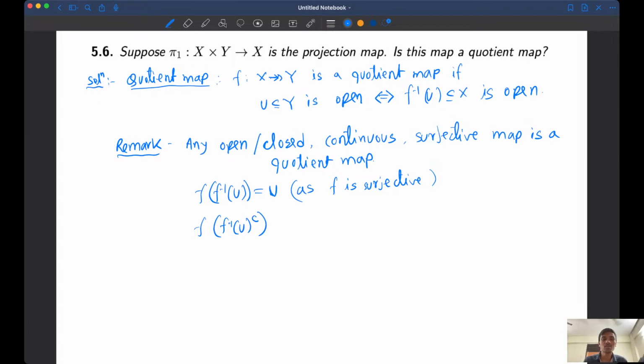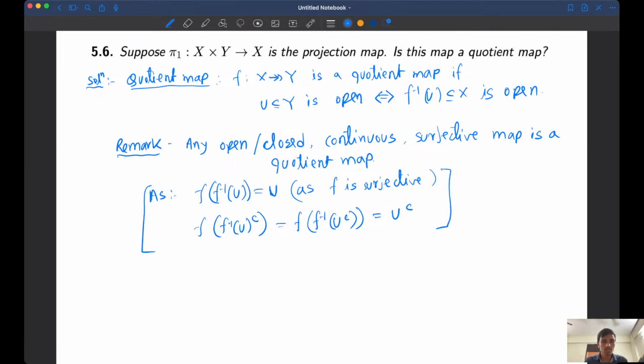But the complement of f inverse U is the same as f inverse of U complement. This is true for any map, and you don't need surjectivity for it. Now use surjectivity and you will get U complement. So if f inverse U is closed, that implies U complement is closed, and U complement closed means U is open, so this direction is implied. In any case, it follows from these two relations only.